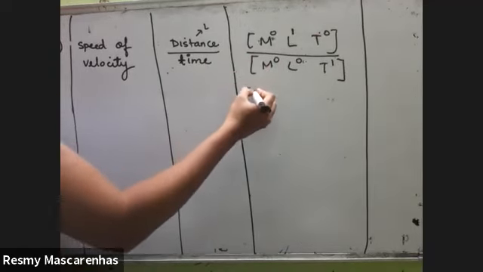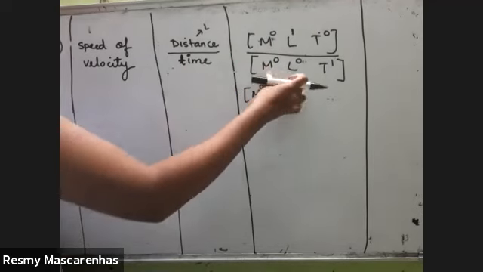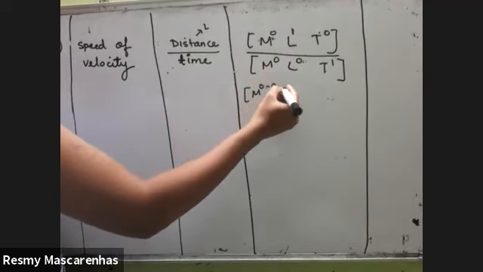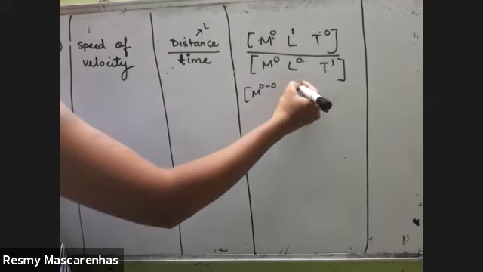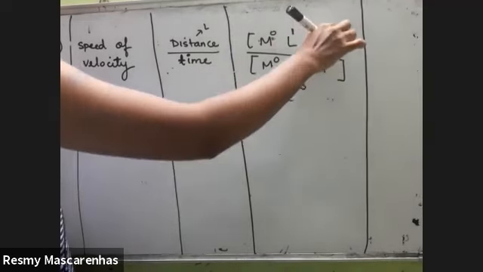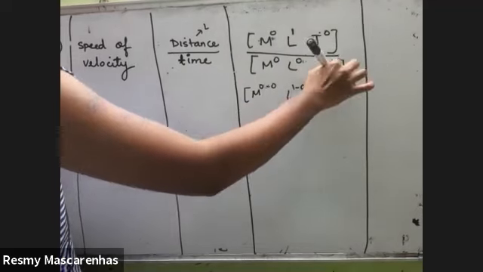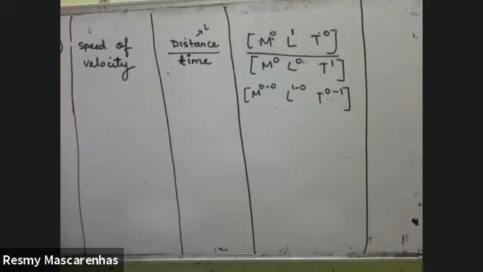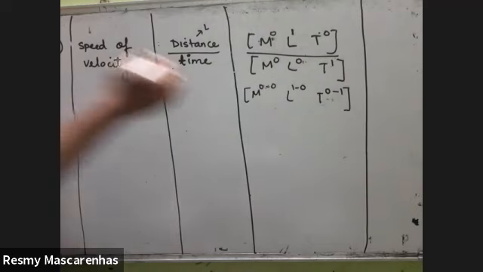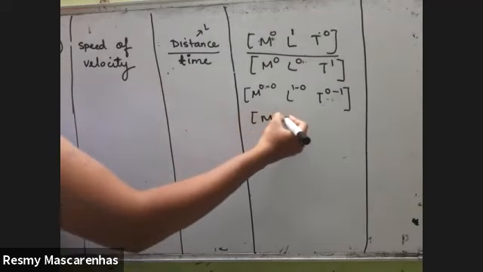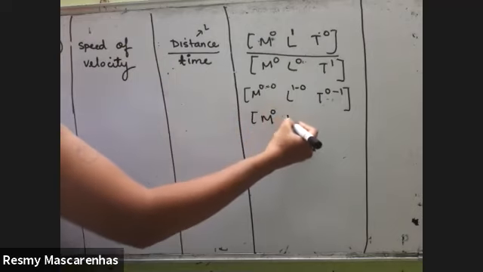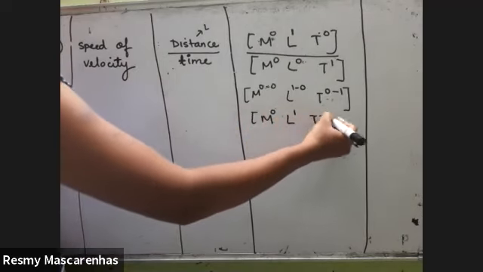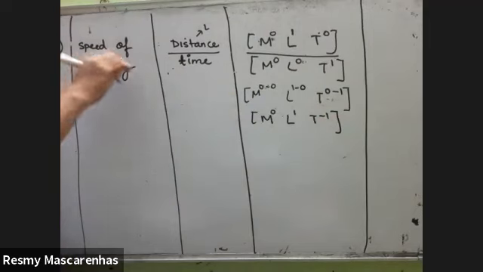So it's basically M power 0 minus 0, L power 1 minus 0, and T power will be 0, and this will go up and become minus 1. So overall, M is 0, L is 1, T is minus 1. This is your answer for speed.